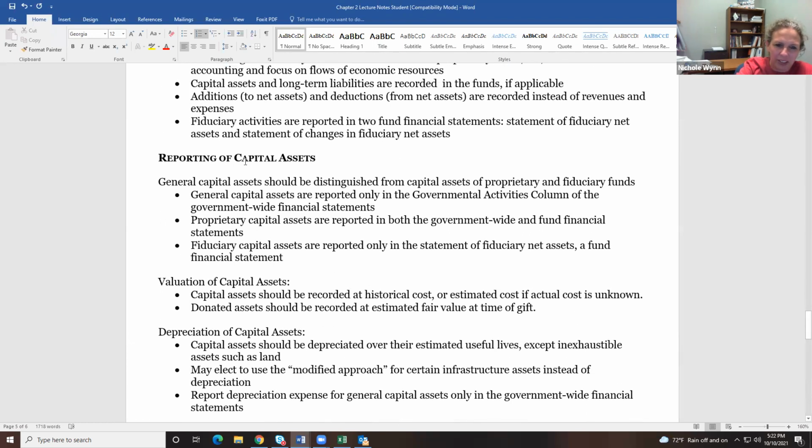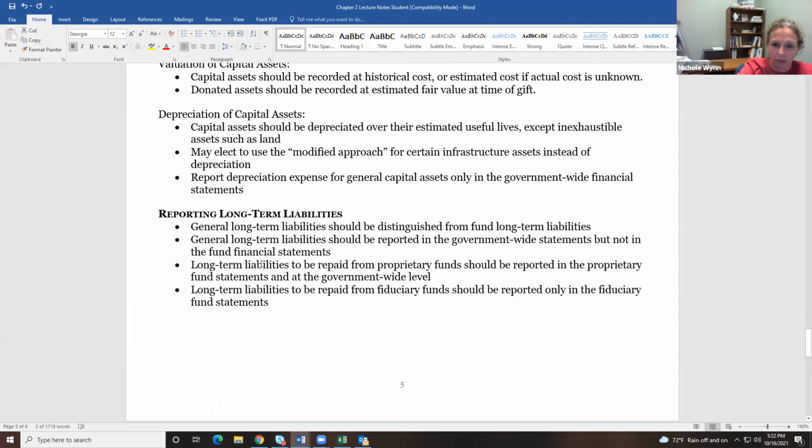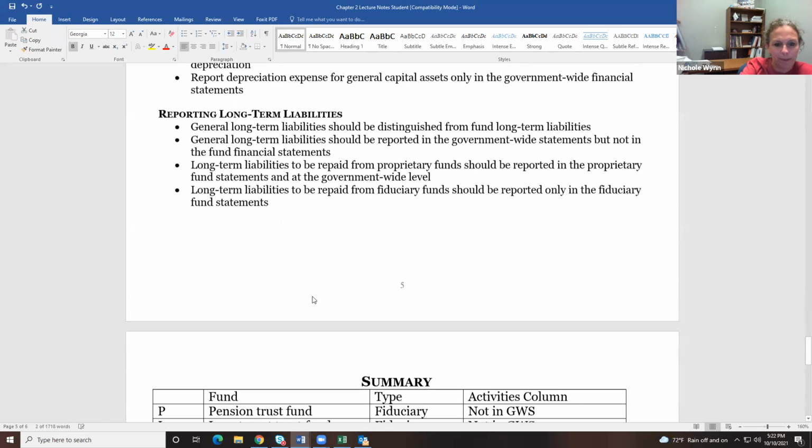Basically, in the general fund and in the governmental funds, there will be no capital assets. There will be no depreciation, but in proprietary and fiduciary, there is. And as far as long-term liabilities, nothing is long-term in governmental funds. Everything is current. And then the long-term stuff happens in proprietary and fiduciary.